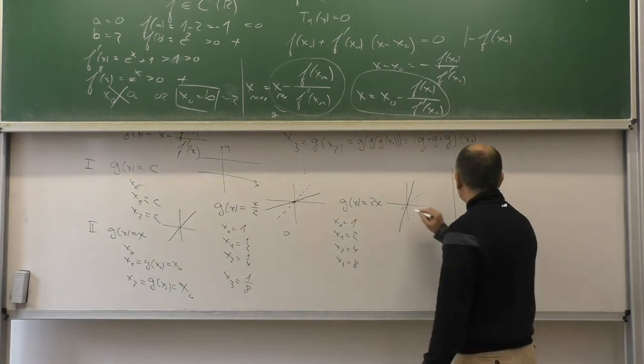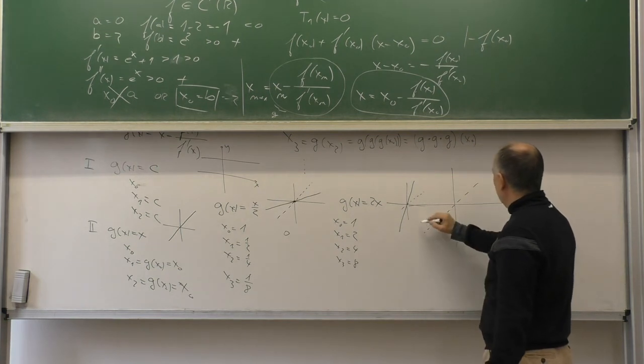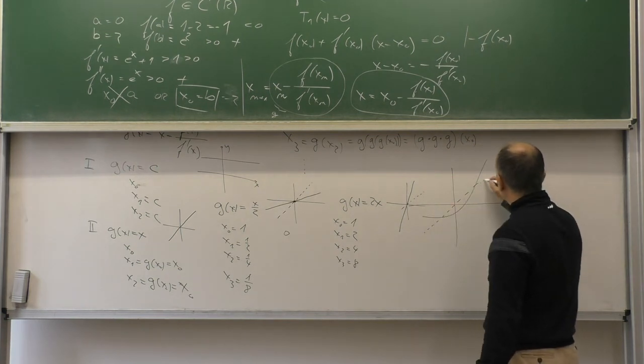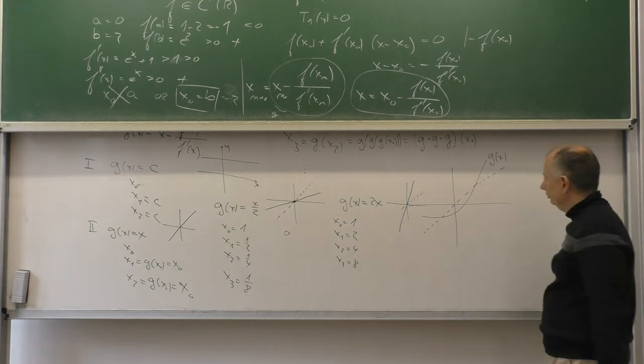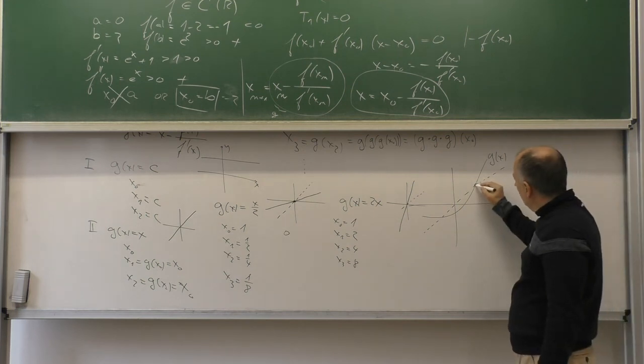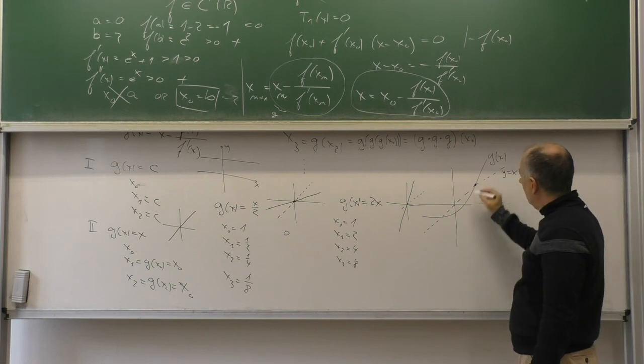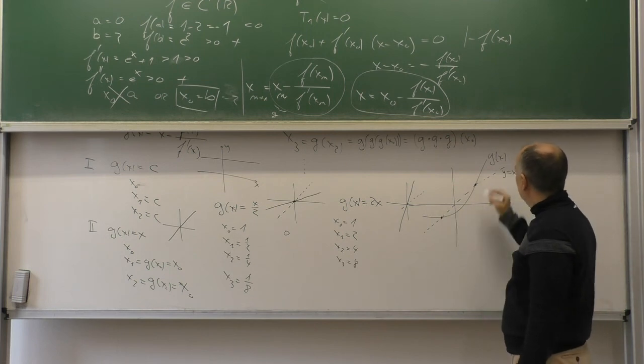In general, if the graph of f looks like that, for example, the graph of g, then the intersections with this line, y is equal to x, are the fixed points of g.